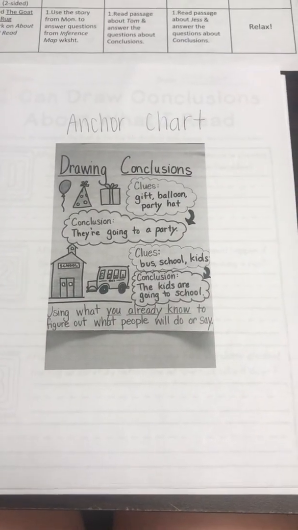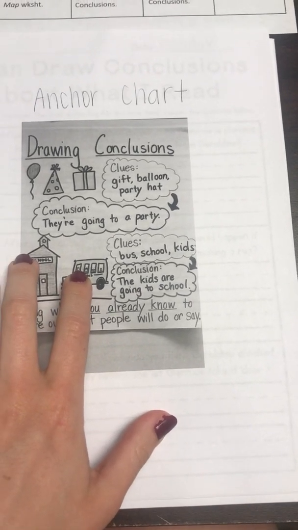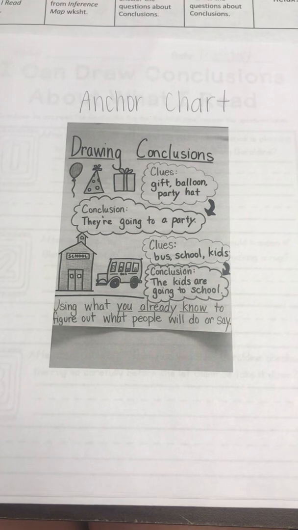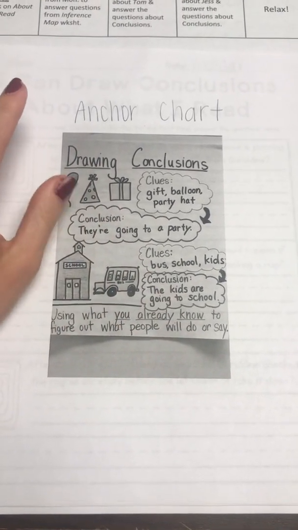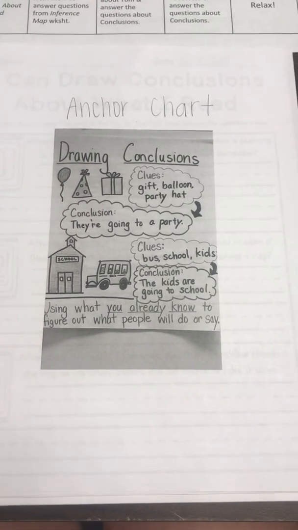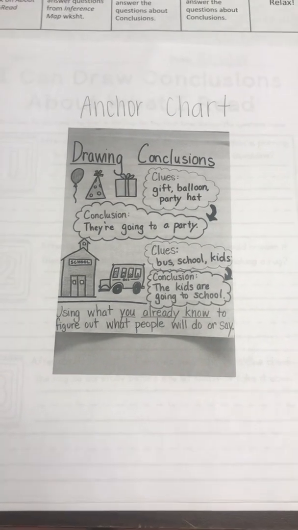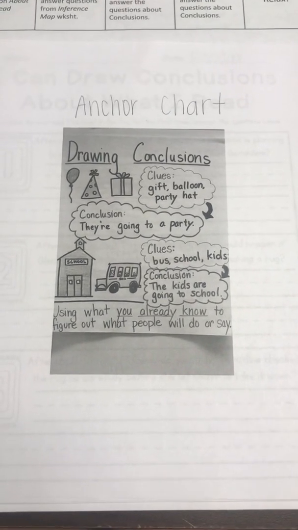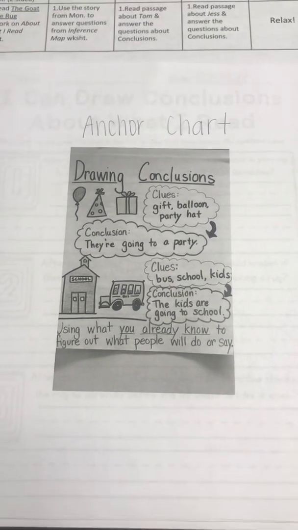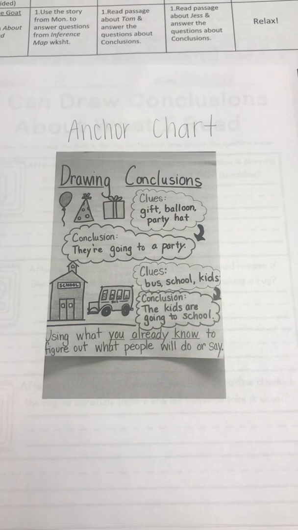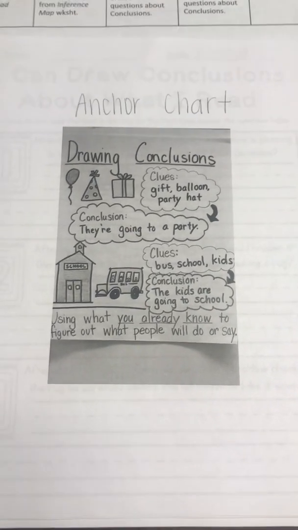And then for comprehension, here is an anchor chart for conclusions. Remember that everyone's conclusion may be different because we might have a different amount of knowledge or understanding of a topic. So it's okay if your conclusion of something is different from a friend's or maybe your parents.